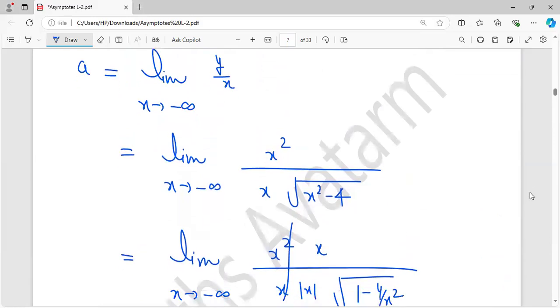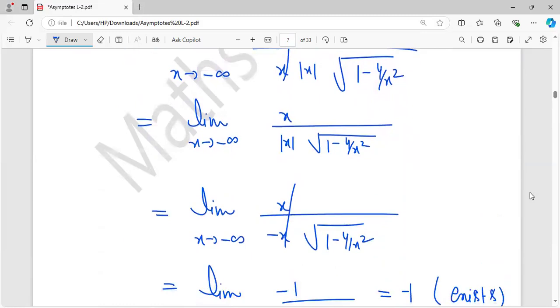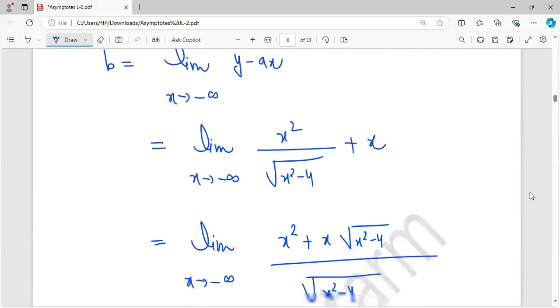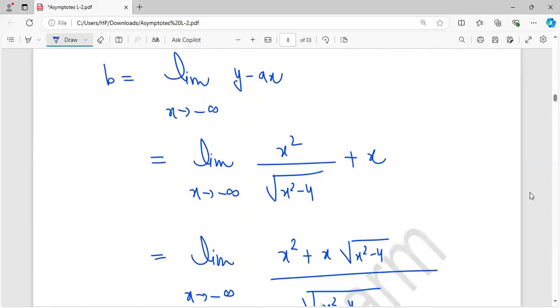So this is minus 1. Now I am calculating b, x square minus 4 plus x. Okay. So you check that in this case, actually from here, I was making a mistake.